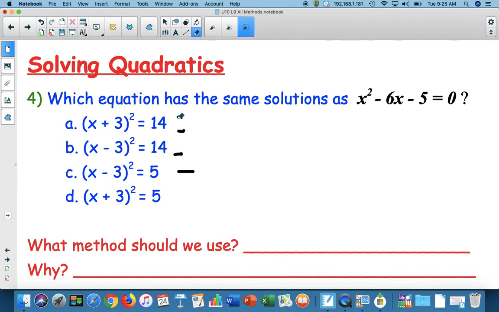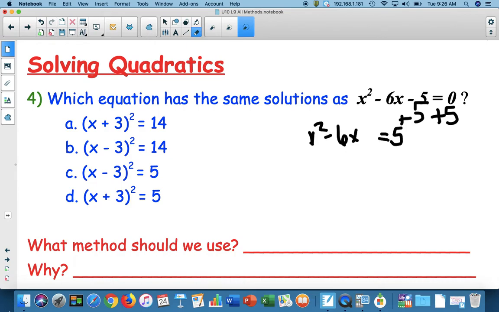So, ideally what you're going to do is just to complete the square until you get to one of these choices. You don't have to finish it. All right, so here's what I mean. We're going to add 5 to both sides. I'm going to do it now. Add 5 to both sides. Okay, so I get x squared minus 6x equals 5.